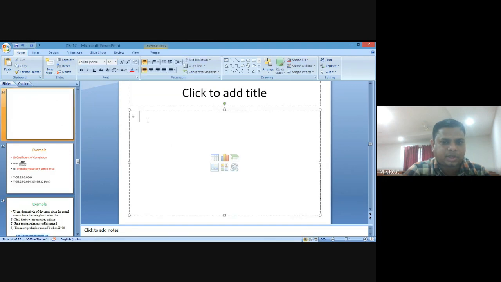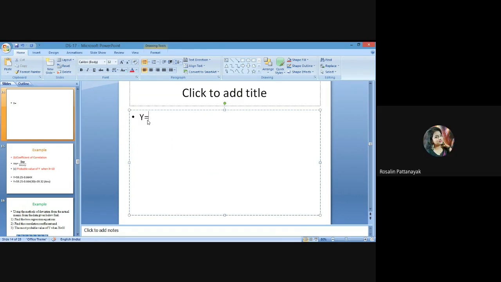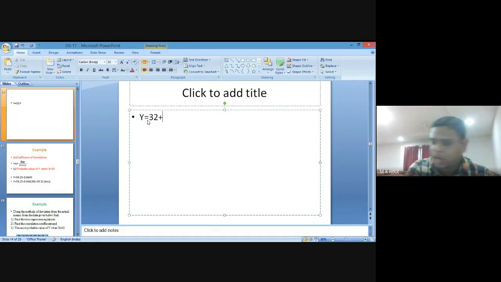That means y equals, what is the value of x bar? 32. Sir, here it should be y bar? Yes, it should be y bar, that is 38. Plus r, which is given as how much?